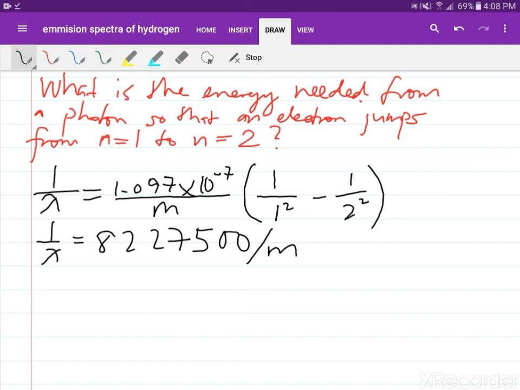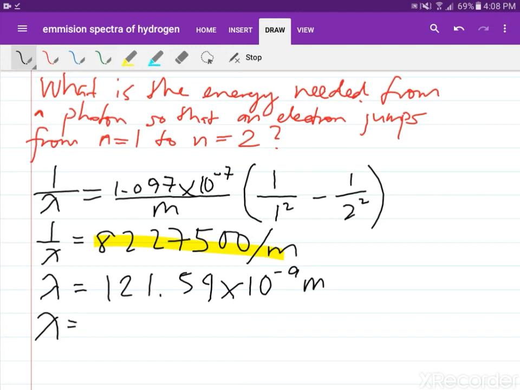So this is 1 over lambda. So dividing it by 1, we have lambda. So if we divide this term by 1, we would get 121.54 times 10 to the minus 9 in meters. So we say that it is also about 121.54 nanometers.